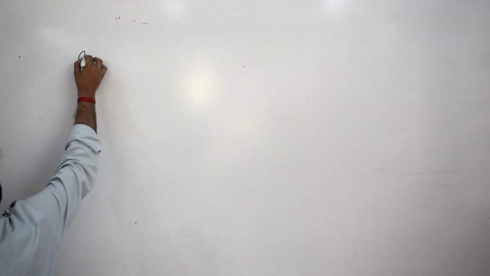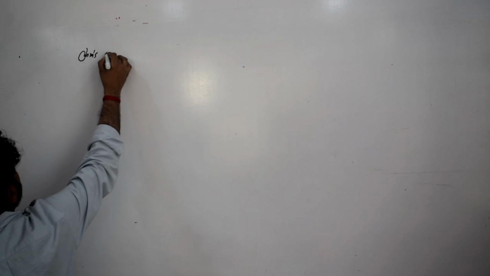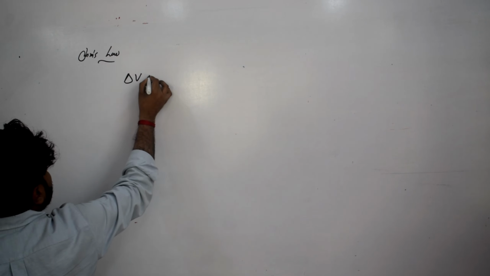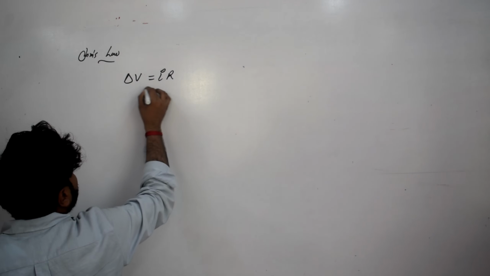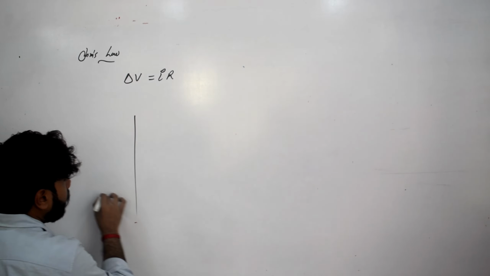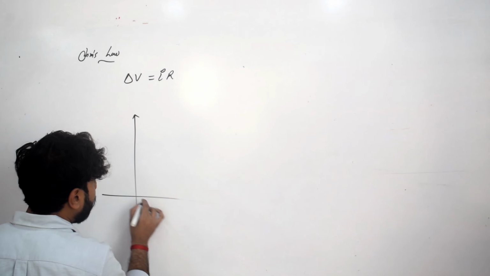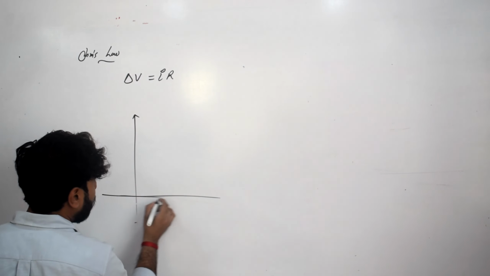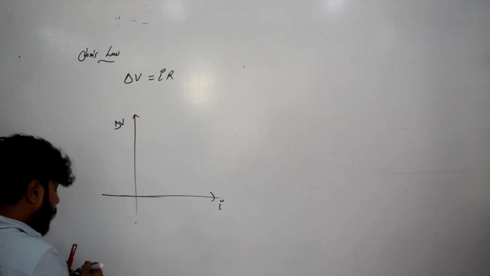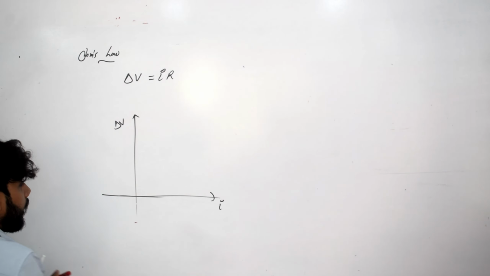Let's do a quick recap on Ohm's law again. So what was Ohm's law? Delta V equals IR, right? That means if I plot the graph of V versus I, potential versus current, then the graph is going to be a straight line.